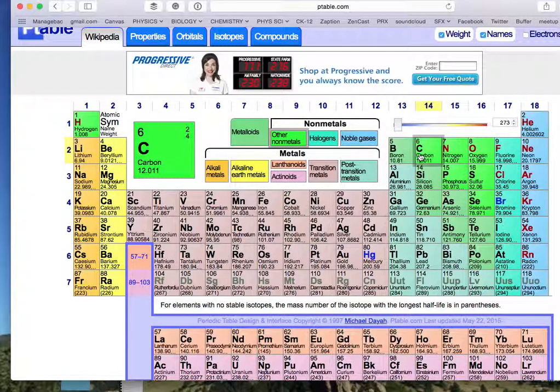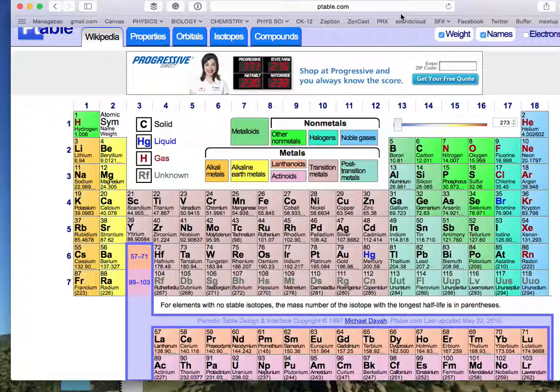I'm going to use my own calculator and the values on ptable.com, which is a great website. You can use it for all your quizzes and tests. So here we go. 12.011 plus, parentheses, 4 times, and now what's the mass of hydrogen? It's 1.008.